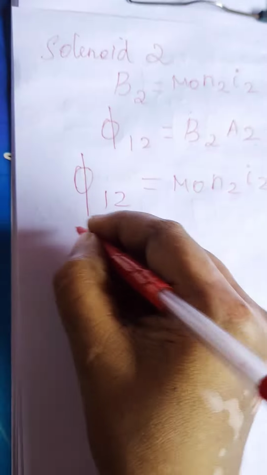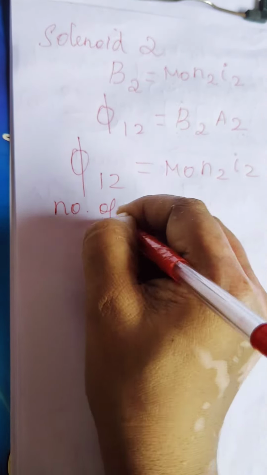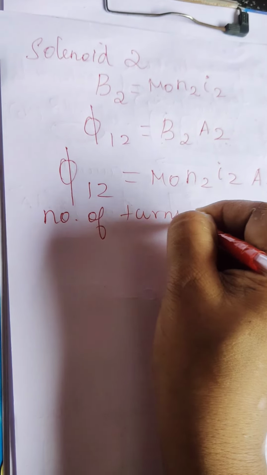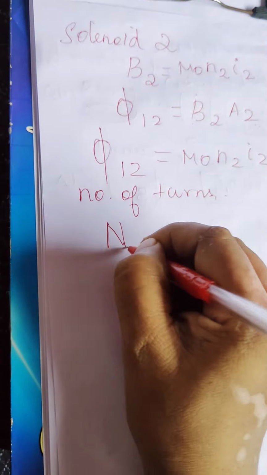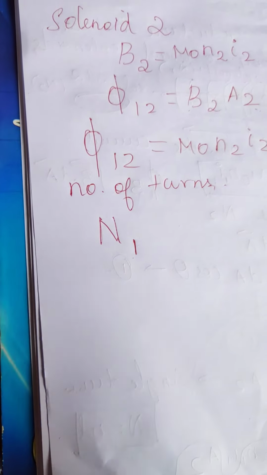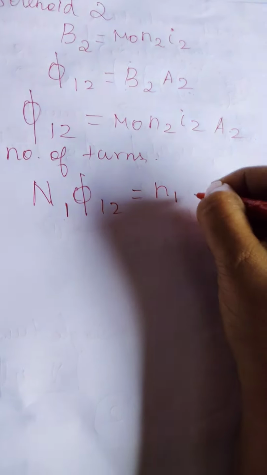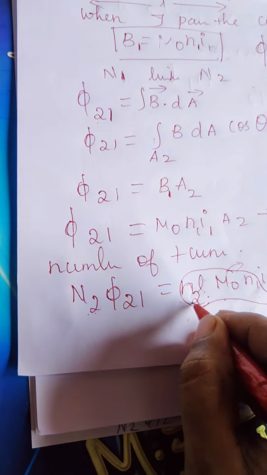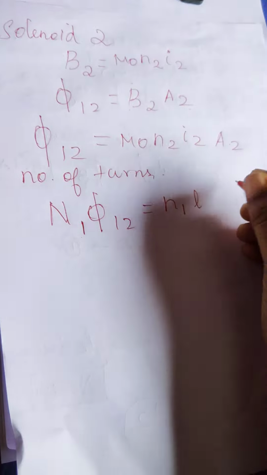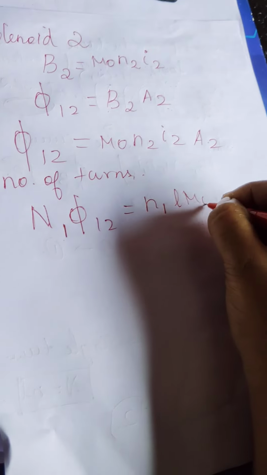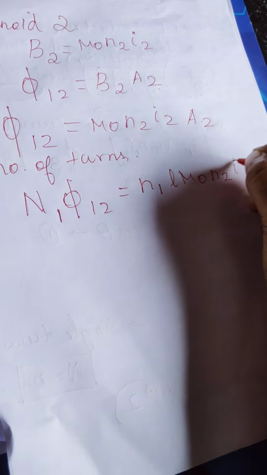Now when I look for the number of turns, it is the same method. Number of turns means N1 will come here, and this magnetic flux 12 is equal to N1 L. I have written N2 L before for solenoid 1. So here I am writing N1 L, and the same equation, mu naught N2 I2 and A2.